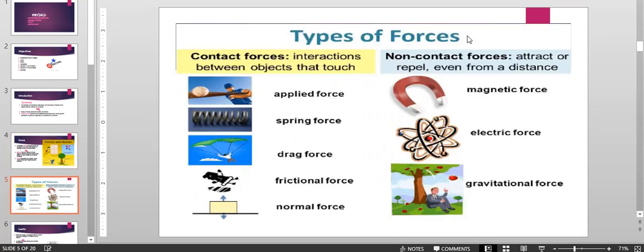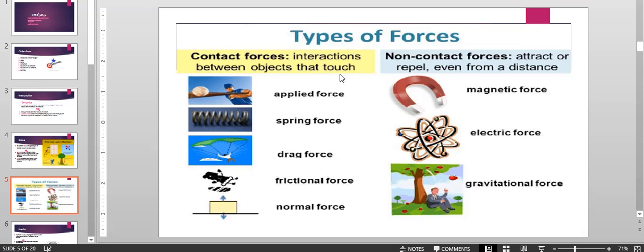Now let's discuss some of the types of forces. Basically, the types of forces have been divided into two categories, that is, contact forces and non-contact forces, also known as forces at a distance. Contact forces are interactions between objects that touch.